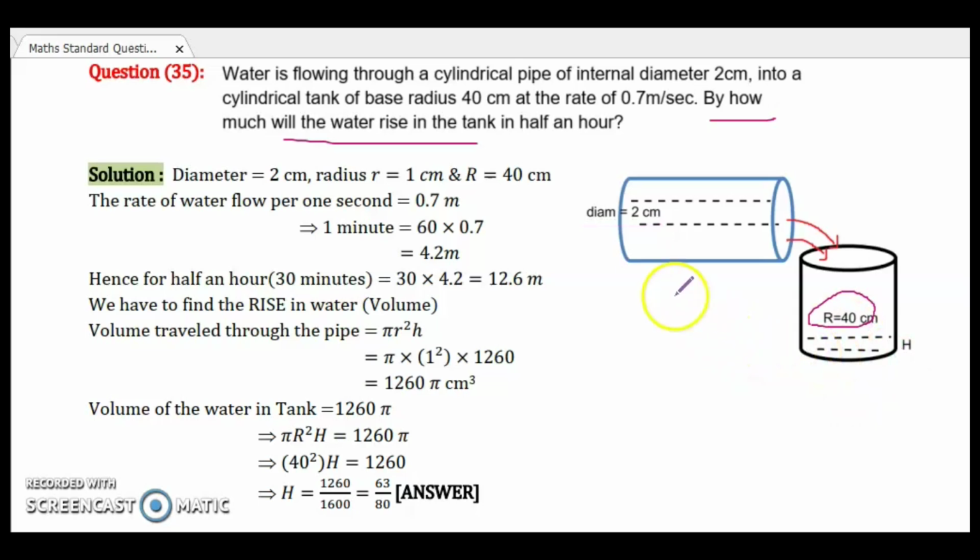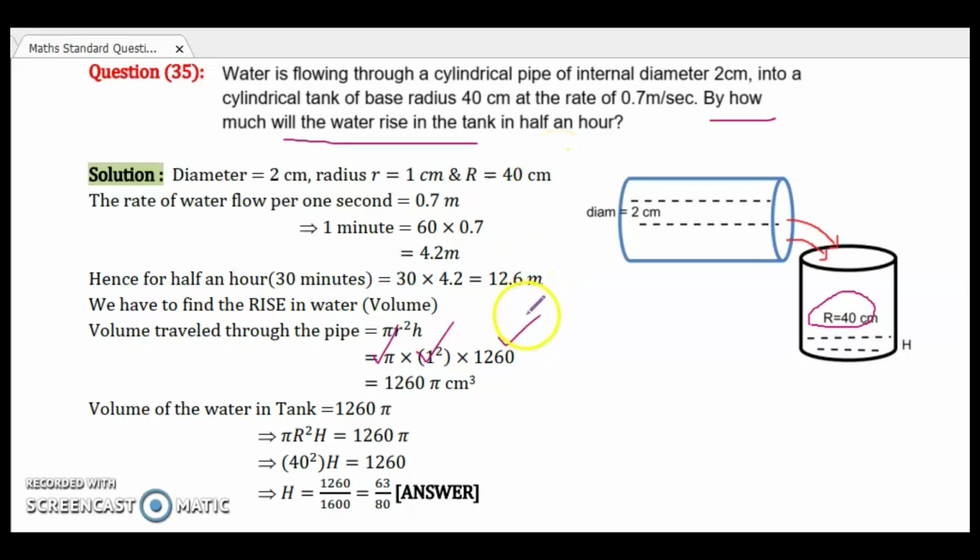Therefore, the volume traveled through the pipe should be compared with respect to the rise in water, right? Therefore, estimate the volume traveled through the pipe. That is, what is the volume of the cylinder? It is pi r square h. Everything is available, right? Pi r square h. Therefore, pi, the radius is 1. What is the height? It is going to be 1260. Okay, it is going to be 1260.